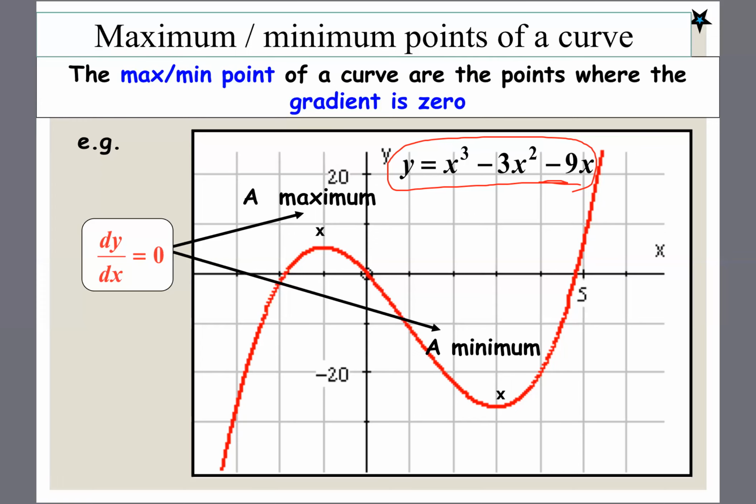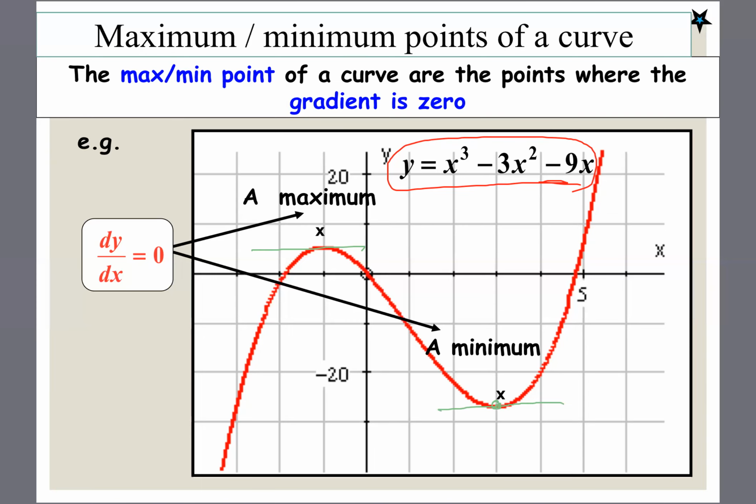Another thing you can see in here, when we consider this maximum point, the slope equals 0, and also at the minimum point, the slope equals 0, no slope.